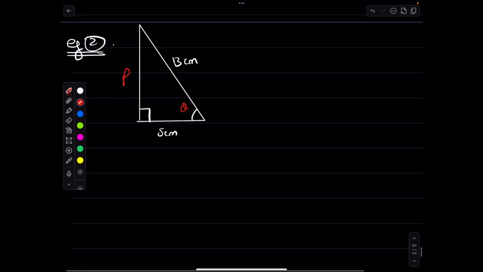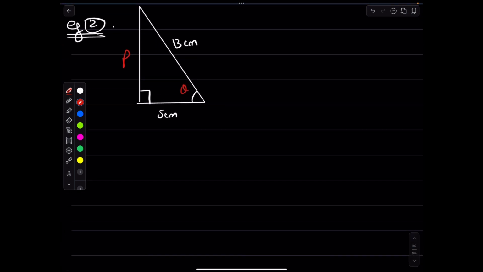Then our second example is this. We need to find the perpendicular and the angle. So in this case, we have hypotenuse squared is equal to opposite squared, just a second.